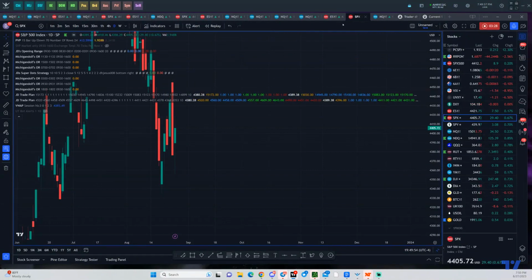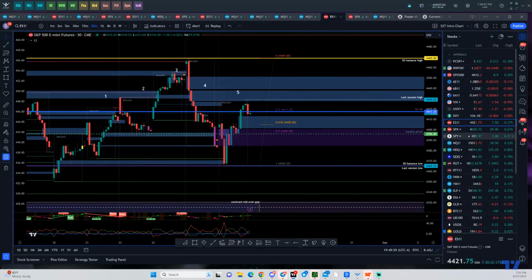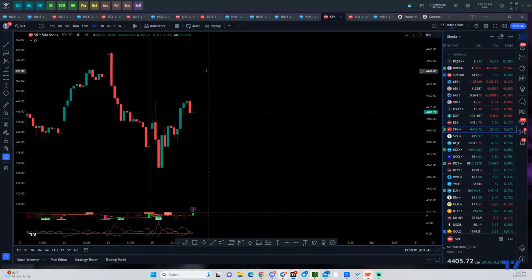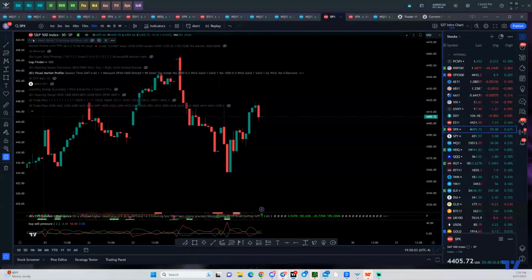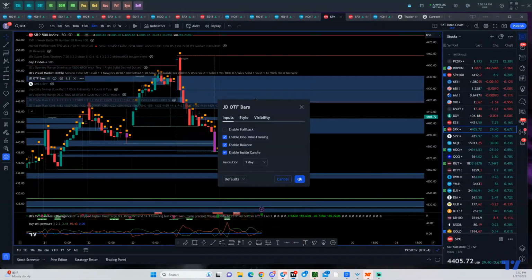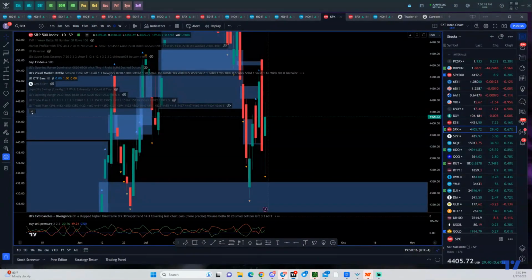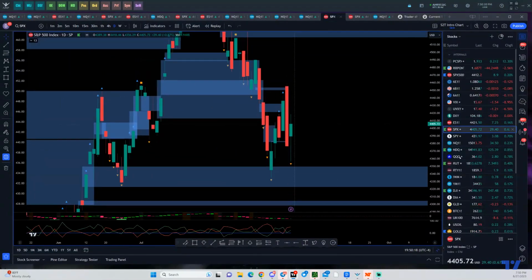Actually, I'm gonna do it on this chart here, SPX daily, and I'm gonna show you the one-time framing bars, and we want to change this over to daily. Okay, so I'm going to change this to a daily chart.